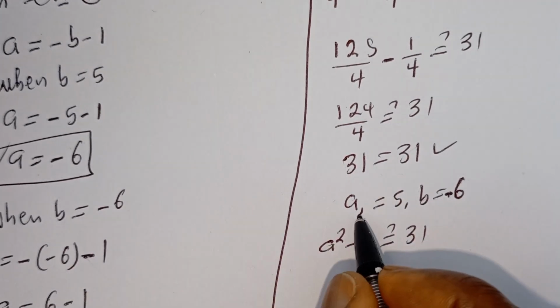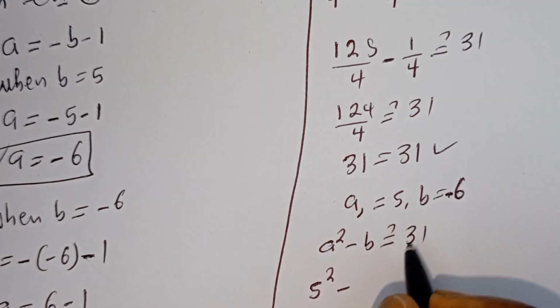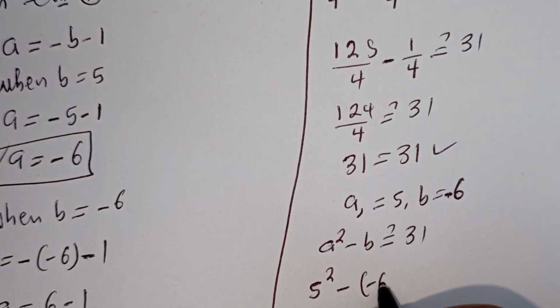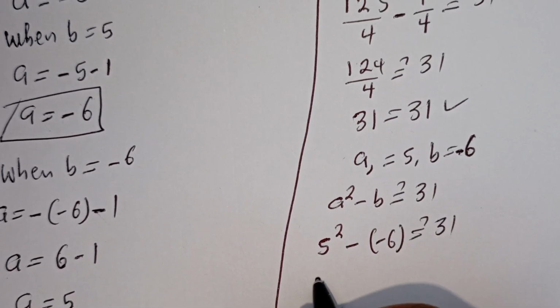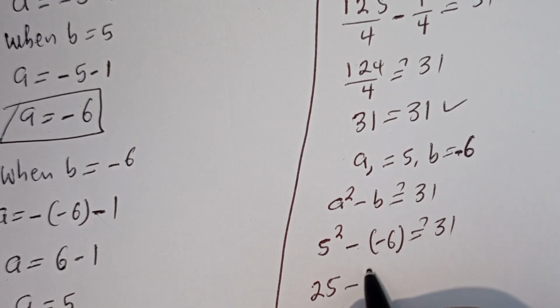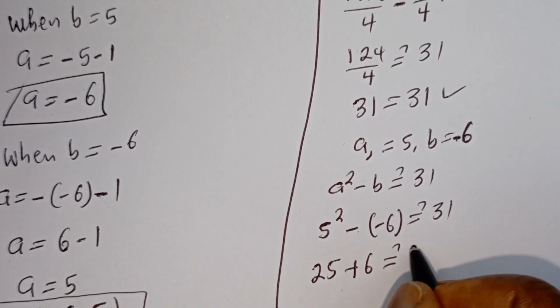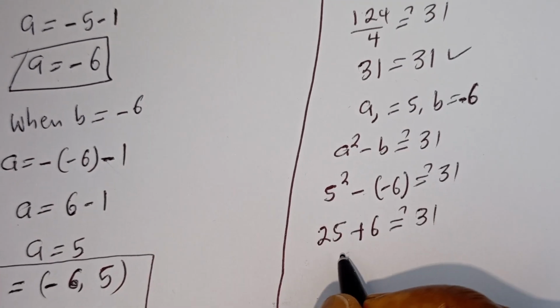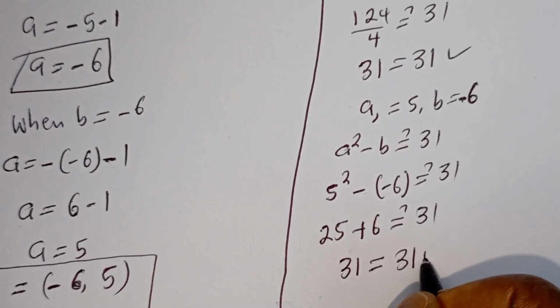Then a squared, this is 5 squared minus bracket minus 6 must be equal to 31. Here will be 25, minus times minus is plus 6, must be equal to 31. 25 plus 6, this is 31 is equal to 31, which is true.